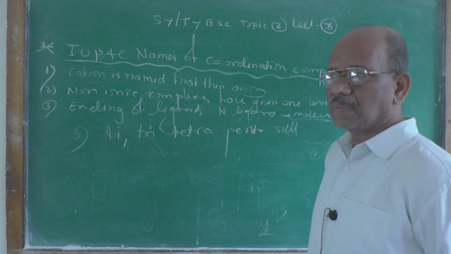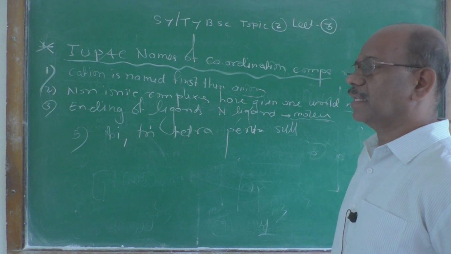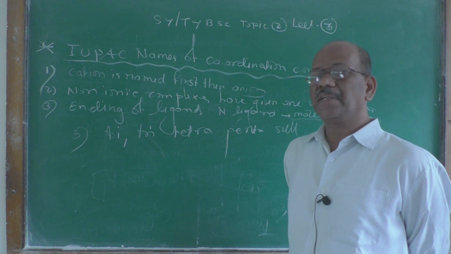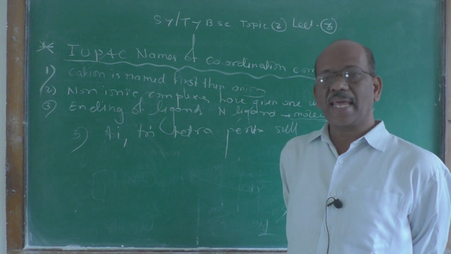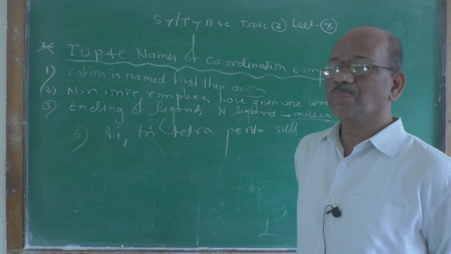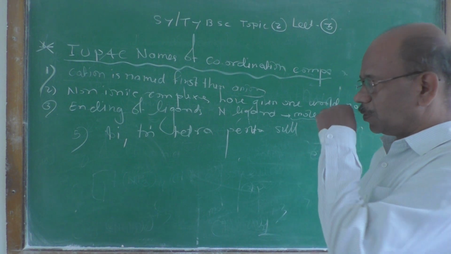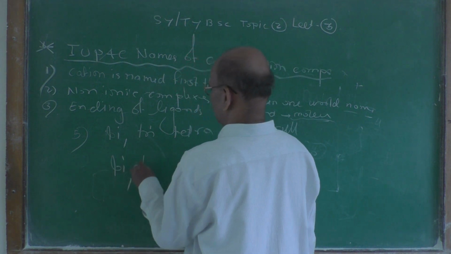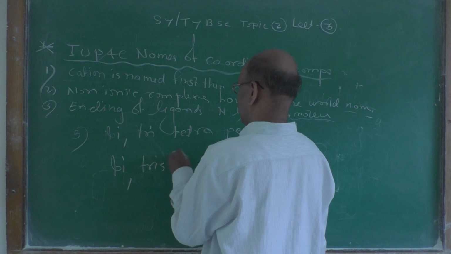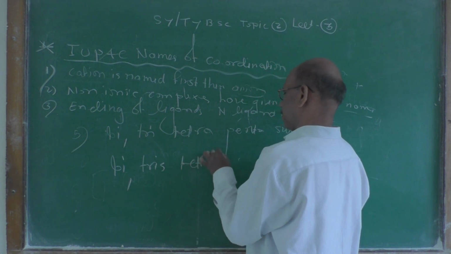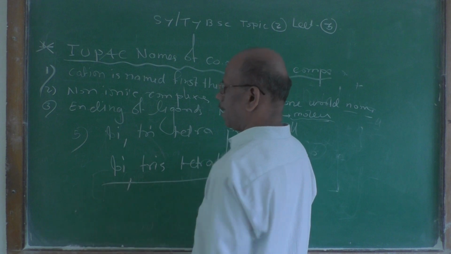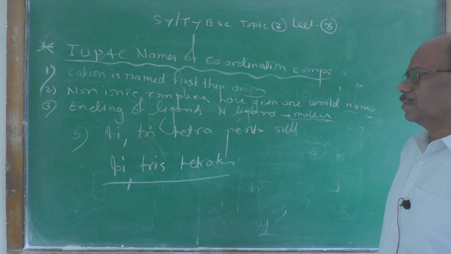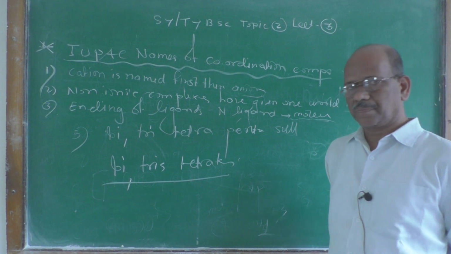But if it is a complex ligand like ethylenediamine, glyoximato, EDTA, acetylacetonato, then for this particular case we use another prefix, that is bis. Bis means 2, tris means 3, tetrakis means 4, for complex ligands.